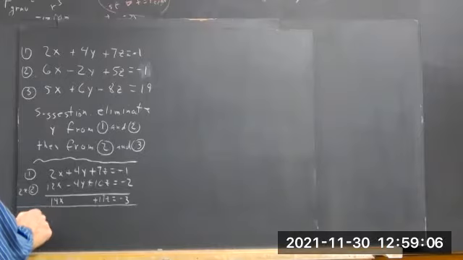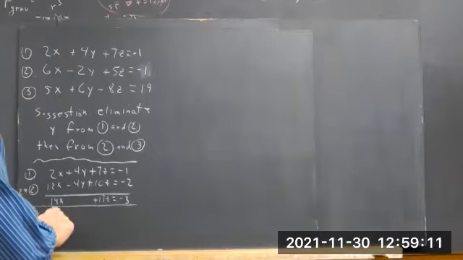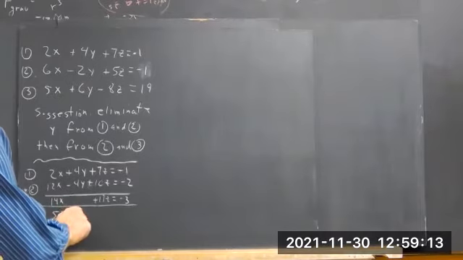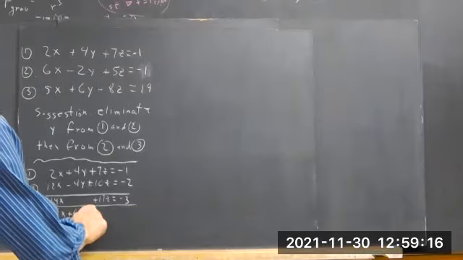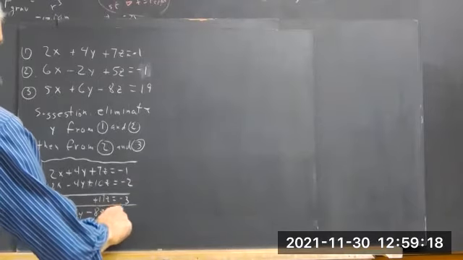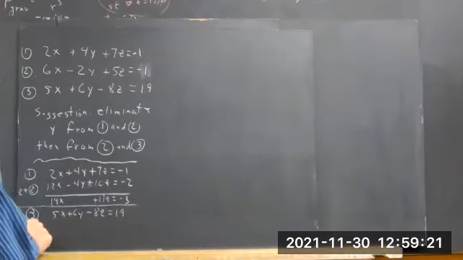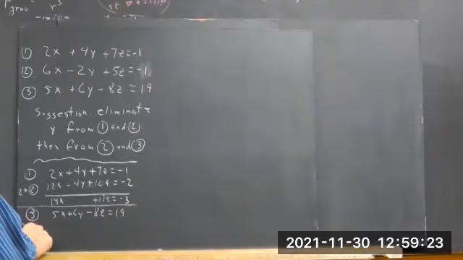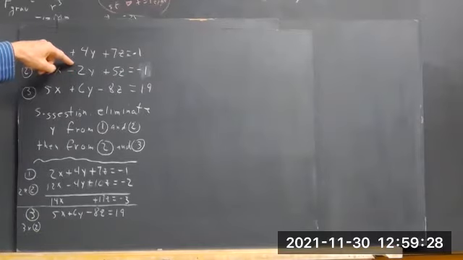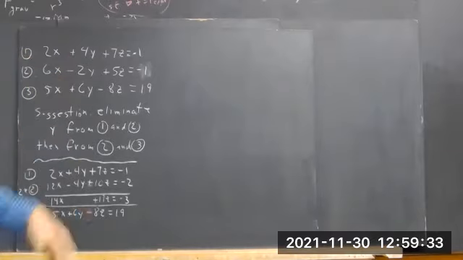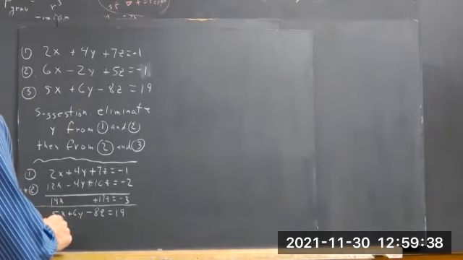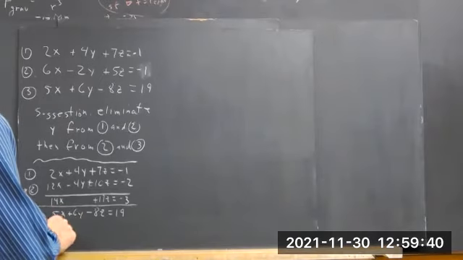Well, then I'm going to eliminate y from equations 3 and 2. So equation 3 is 5x plus 6y minus 8z equals 19. And then 3 times equation 2, because I'm going to multiply this by 3, and that'll match up the -6y with the 6y, and the y's will go away.